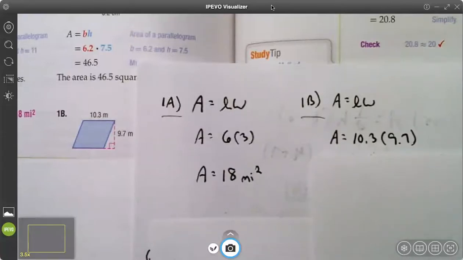Your base is 10.3, but if you mix up your base and height or your length and width, it does not matter because you can multiply in any order you like. Your base or length is 10.3. Your height or width is 9.7. When you multiply those together, you get your answer, which is 99.91 square meters.